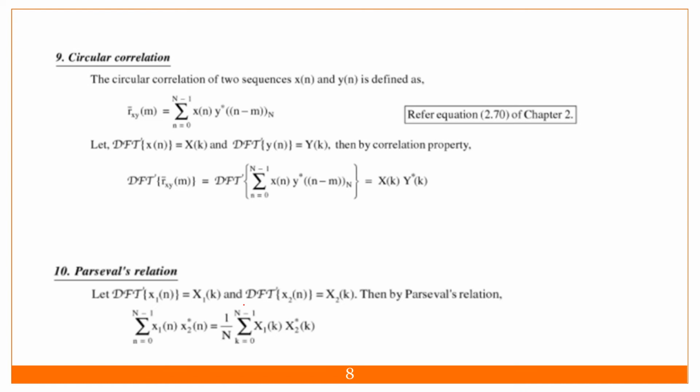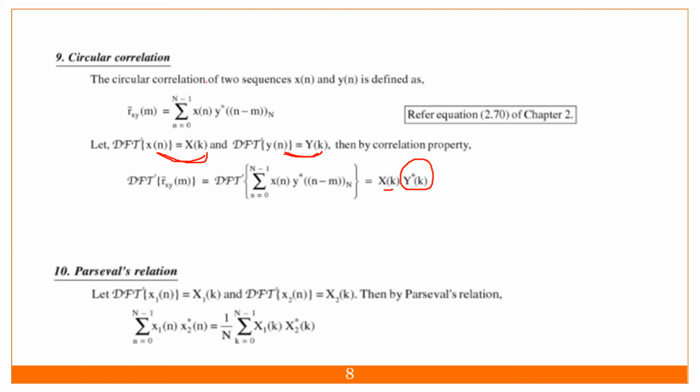Now property number 9, the circular correlation. Suppose the DFT of x of n is X of k and the DFT of y of n is Y of k. Then the correlation r of xy of m is the DFT of the summation of x of n with the complex conjugate of y, which is X of k multiplied with the complex conjugate of Y of k.